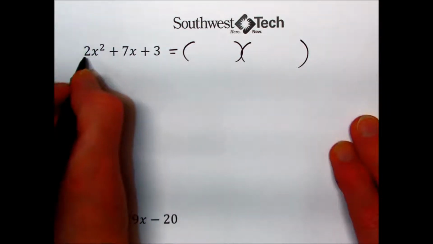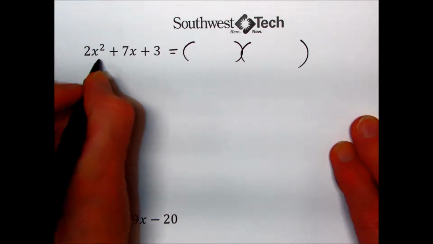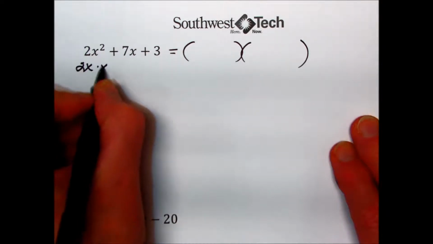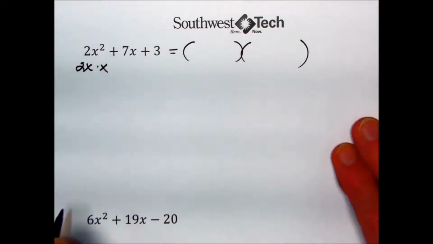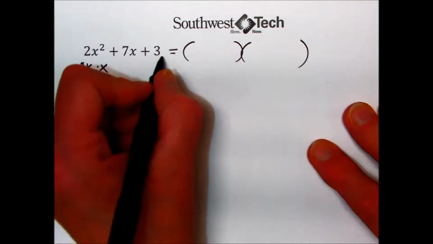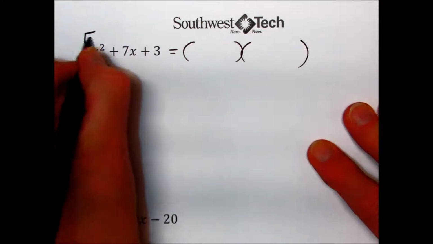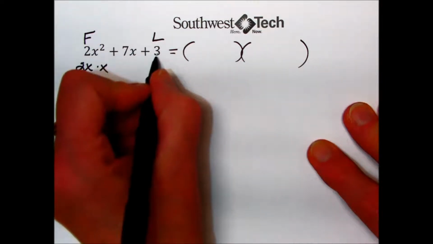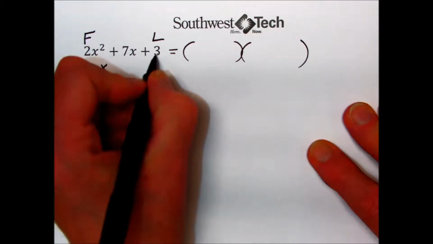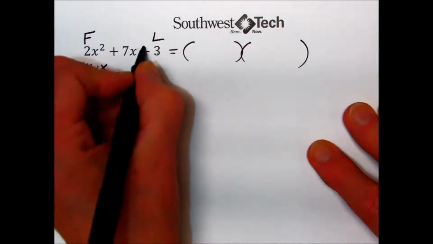And what that entails is, think about what would we have multiplied to give us 2x squared? Well, since 2 is prime, there's really only one option. A 2x and an x would be the only way that we could generate that first term, multiplying the first terms in the polynomial. And likewise, since this is 3, and a result of multiplying our last terms in our binomials together, the factors are 3 and 1.